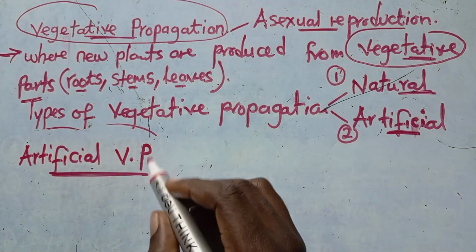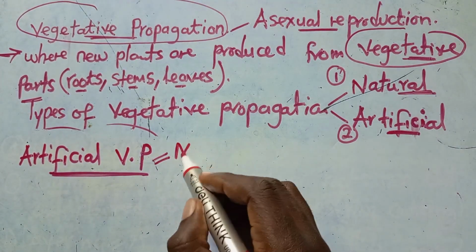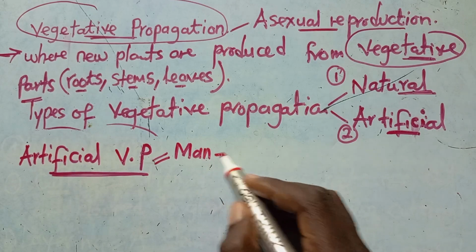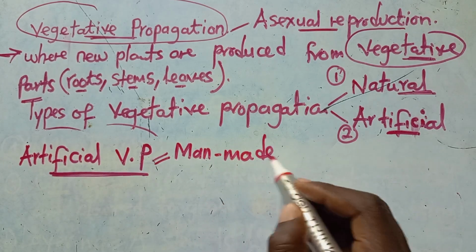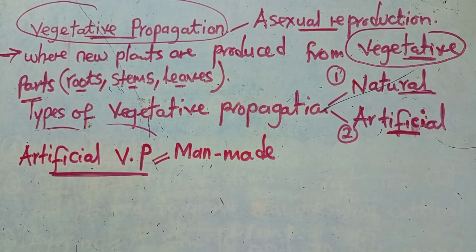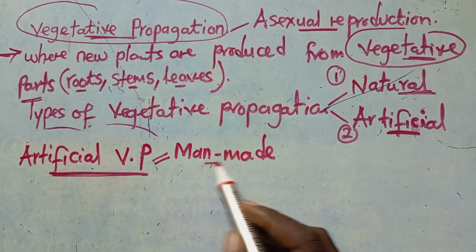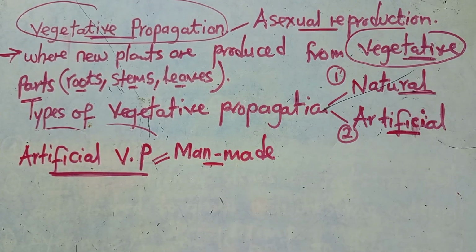Now, when we are talking about artificial, these ones are man-made vegetative propagations. So it is man that makes sure that this type of reproduction occurs.